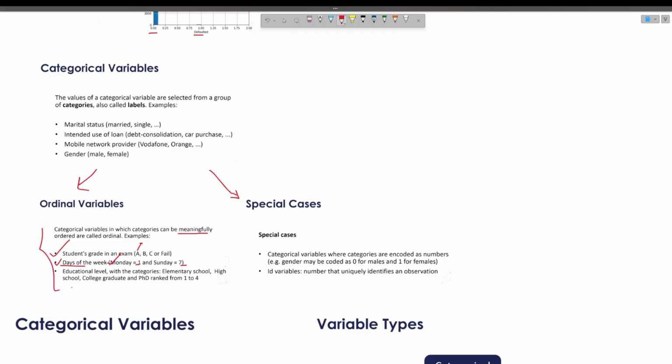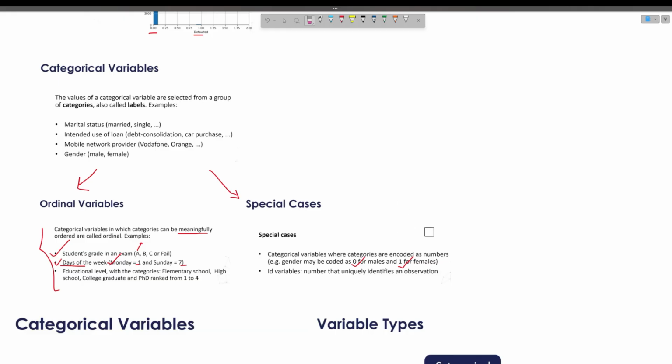This is ordinal. And we obviously have special cases like categorical variables where categories are encoded as numbers. For example, gender may be coded as 0 for males and 1 for females. So let me just write that.